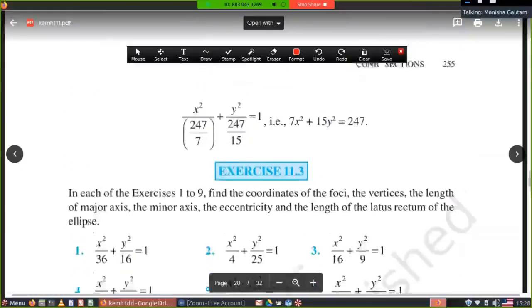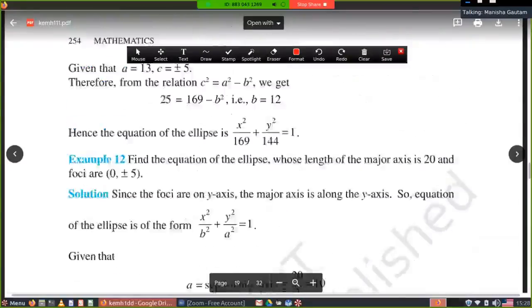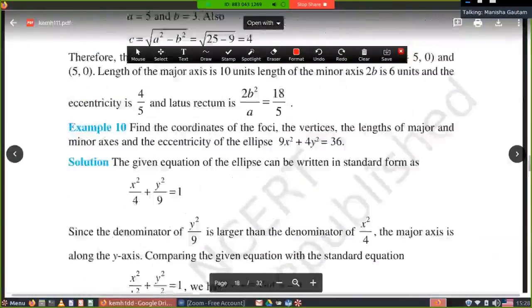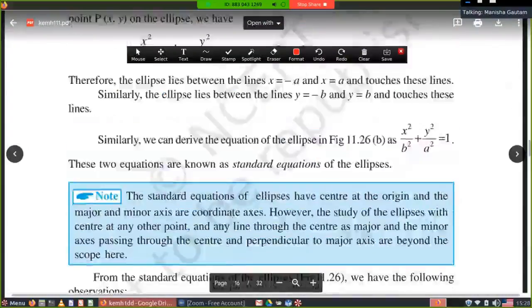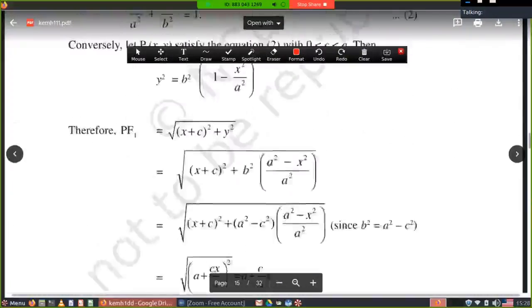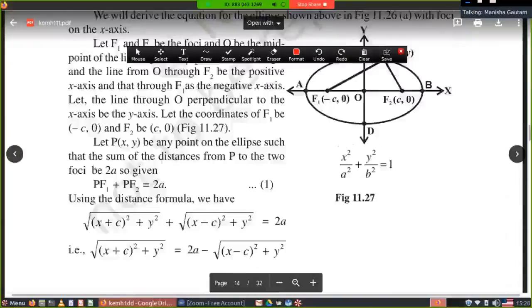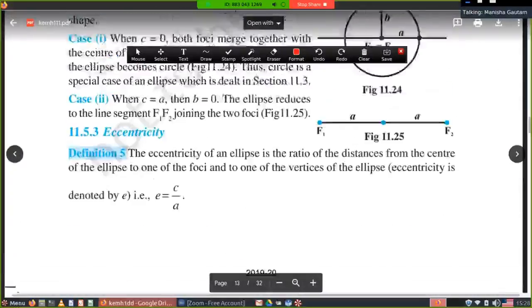Let us go back to the previous lectures when we started the chapter.